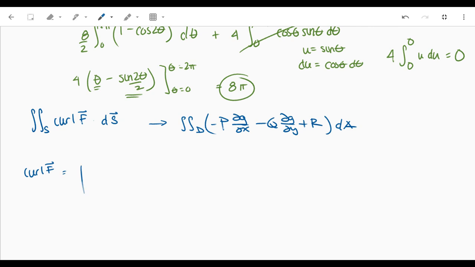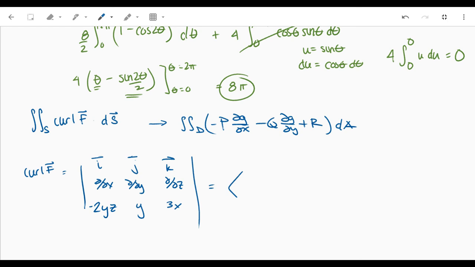Okay, so your curl of f is i, j, k, d/dx, d/dy, d/dz, and then f: 2, negative 2yz, y, and 3x. So our i components give us a 0.